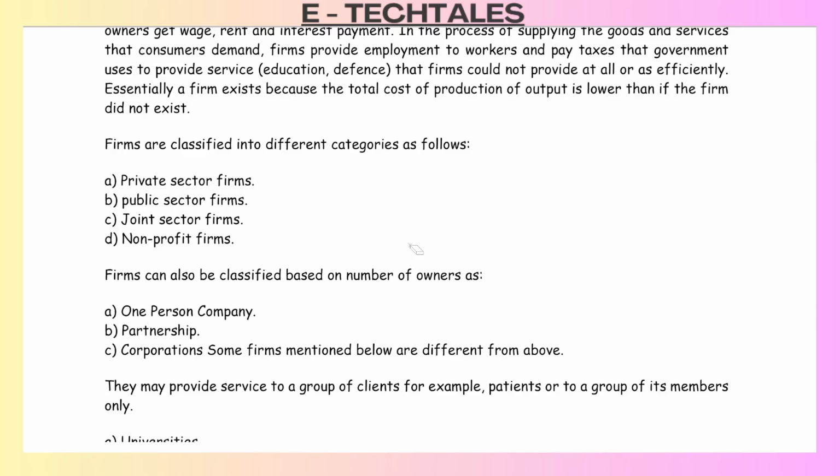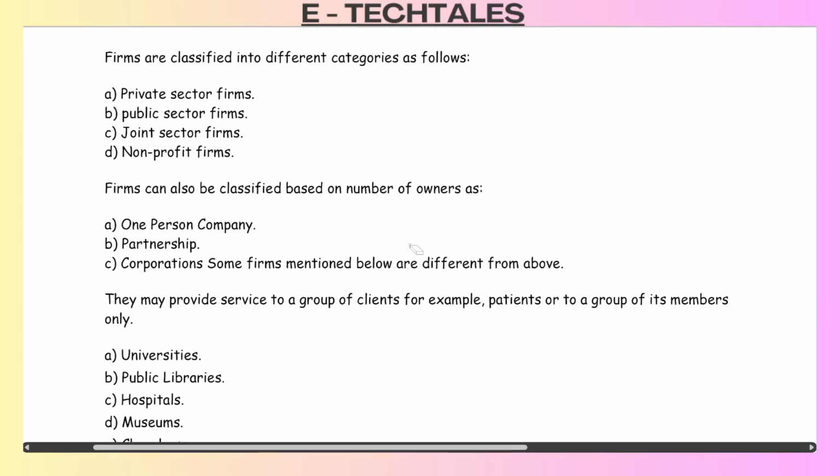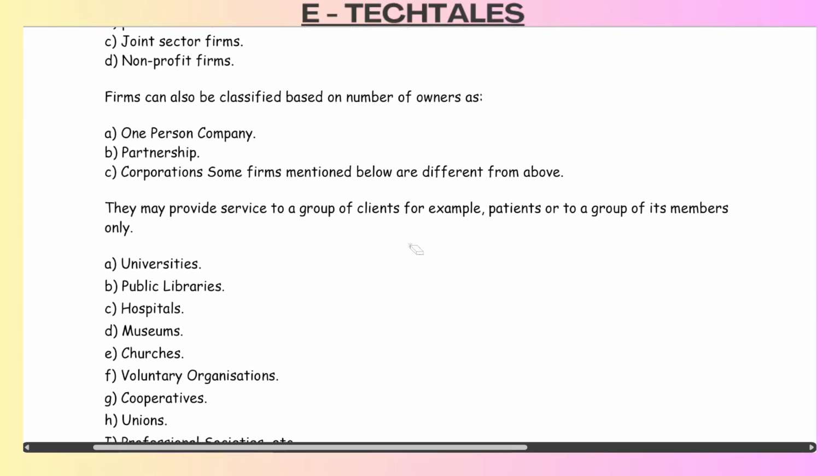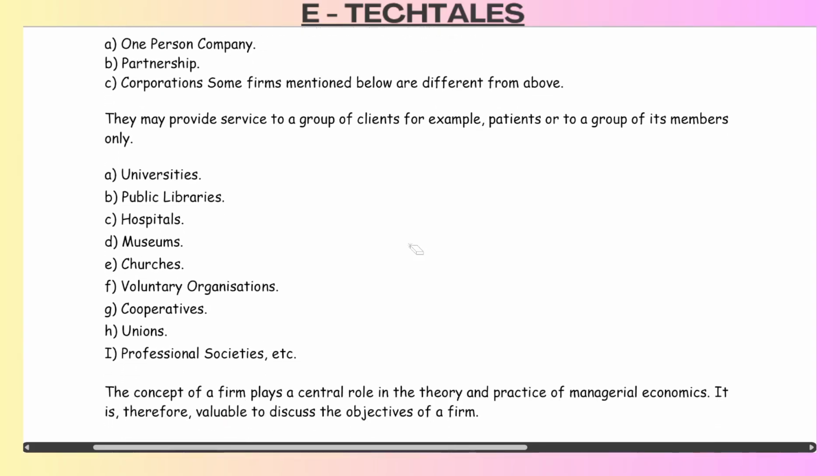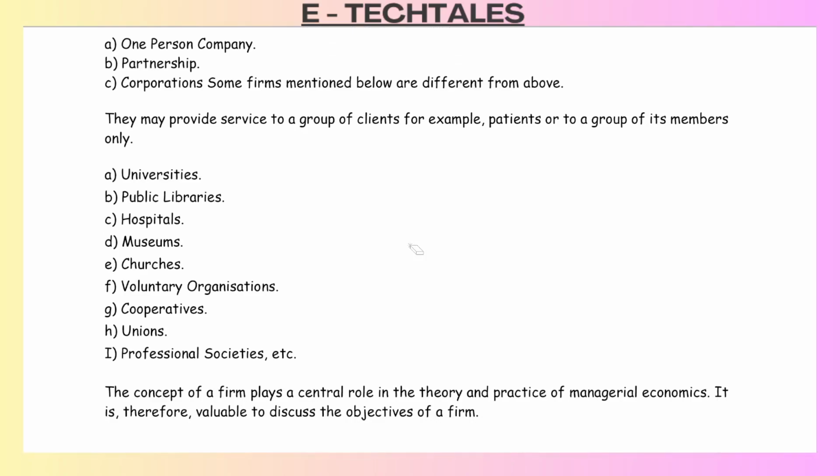Additionally, some firms, such as universities, public libraries, hospitals, museums, churches, voluntary organizations, cooperatives, unions, professional societies, etc., serve specific groups of clients or members. Correct.